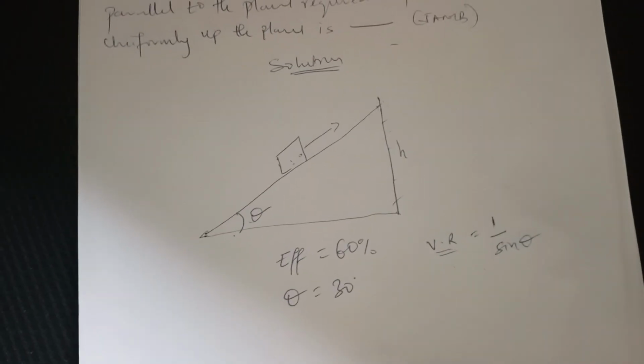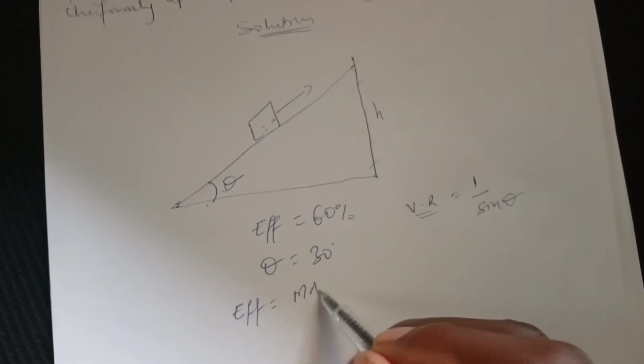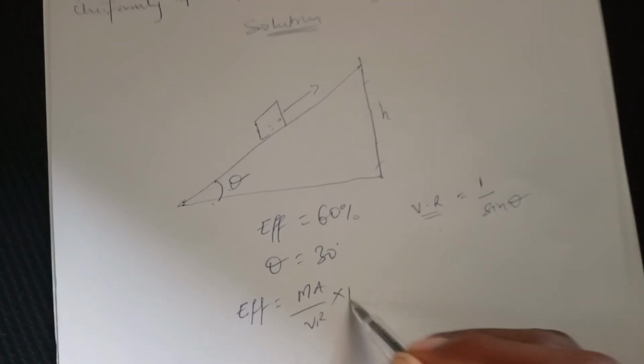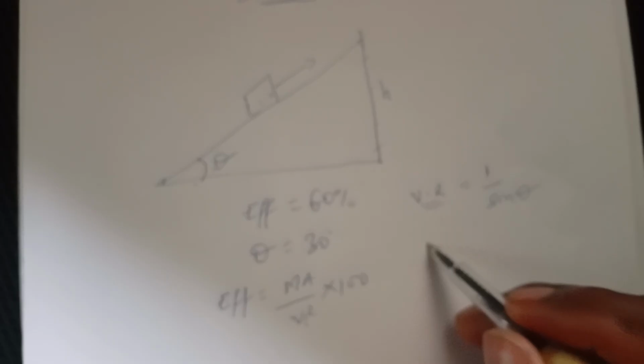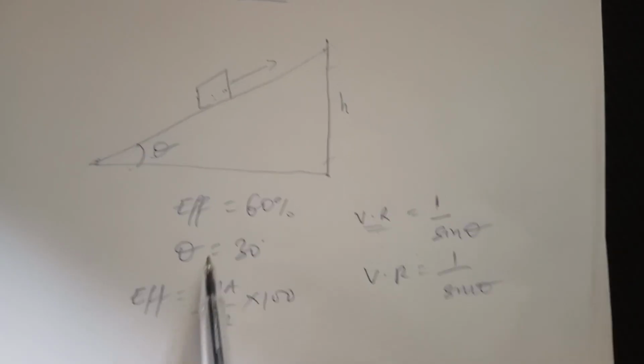Are you with me? Now, for our efficiency, we all know efficiency is MA over VR times 100. Here, we can get our VR to be equal to 1 over sine theta. Theta is 30, right?